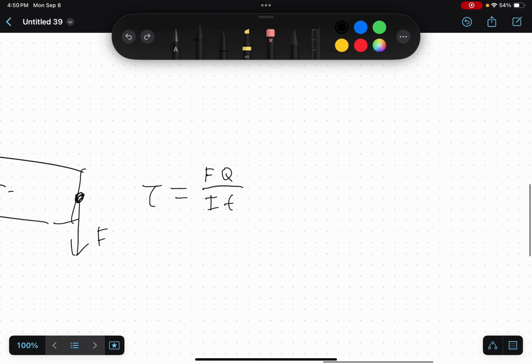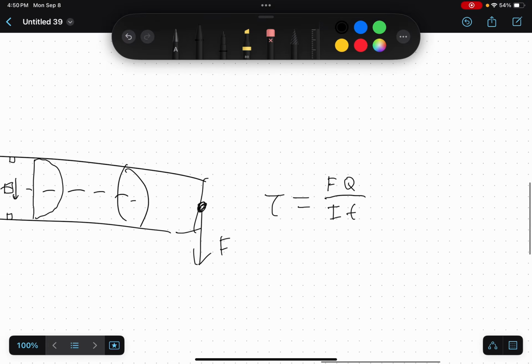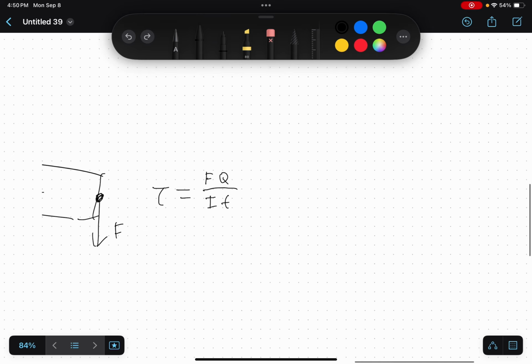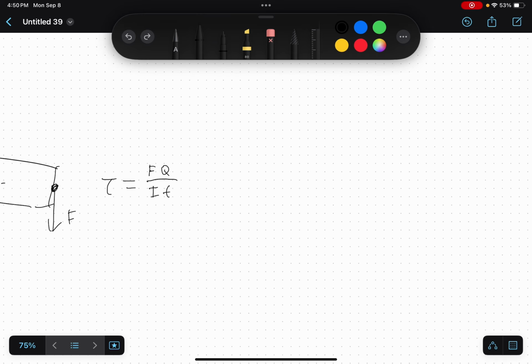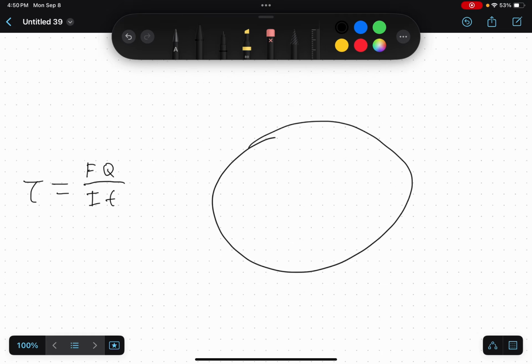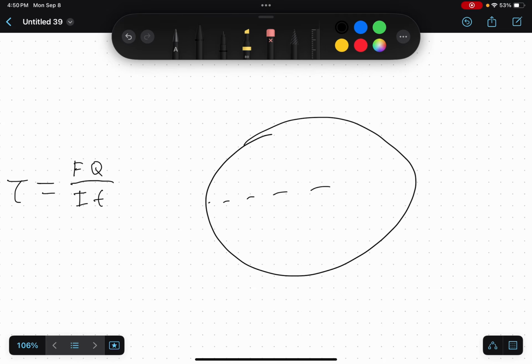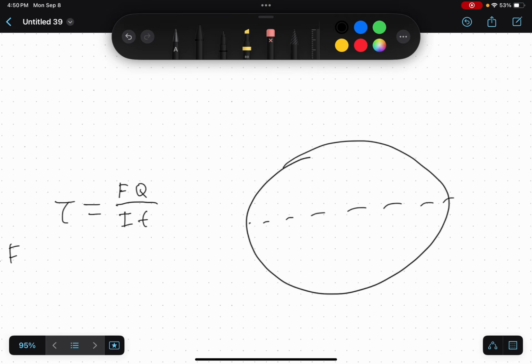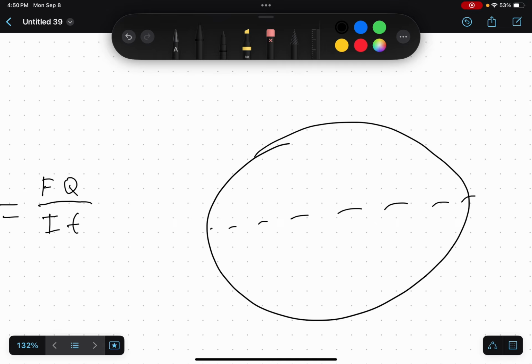So Q is the thing that's making the profile look like this. So what does Q do? So let's say you've got, again, a circular shaft. I'm going to draw the circle right there. So the neutral axis is right in the middle. I know it's kind of sloped, but that's fine.